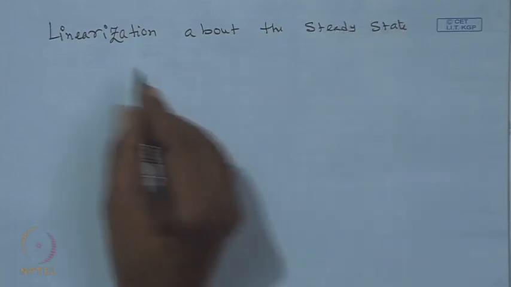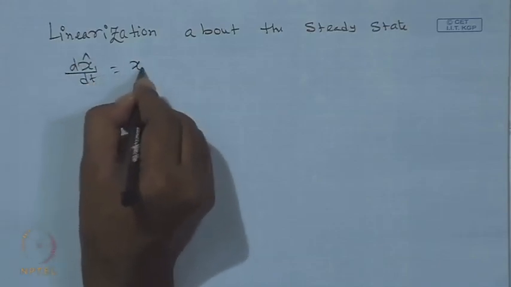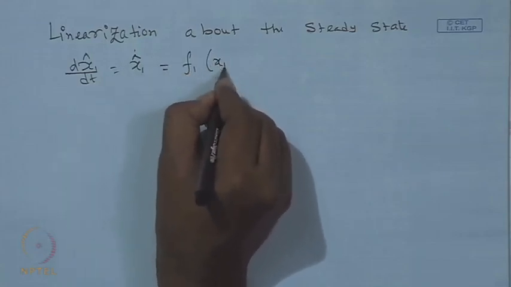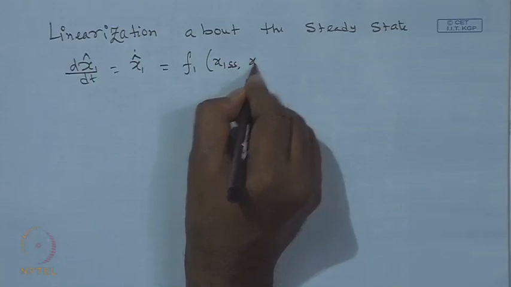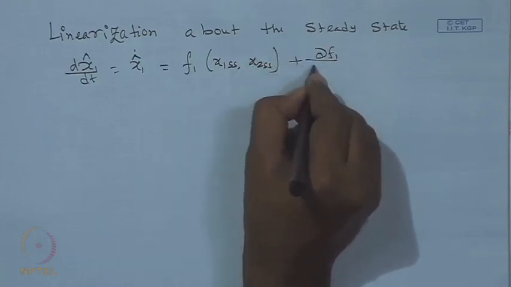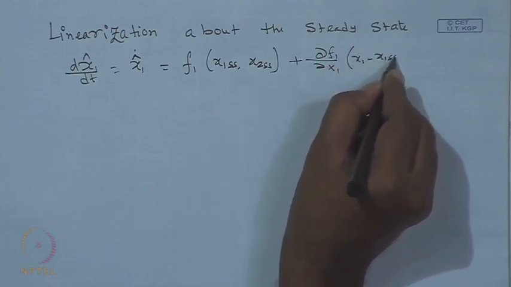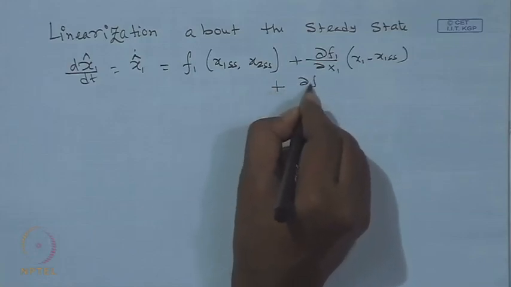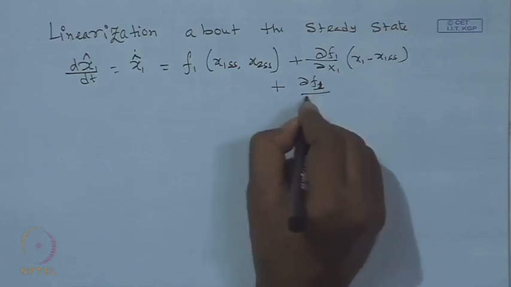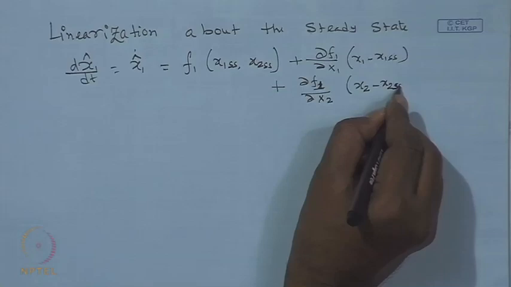If we do a linearization, then dx1 hat dt, or x1 hat dot, becomes f1 of x1 ss and x2 ss plus del f1 del x1 times x1 minus x1 ss plus del f1 del x2 times x2 minus x2 ss.